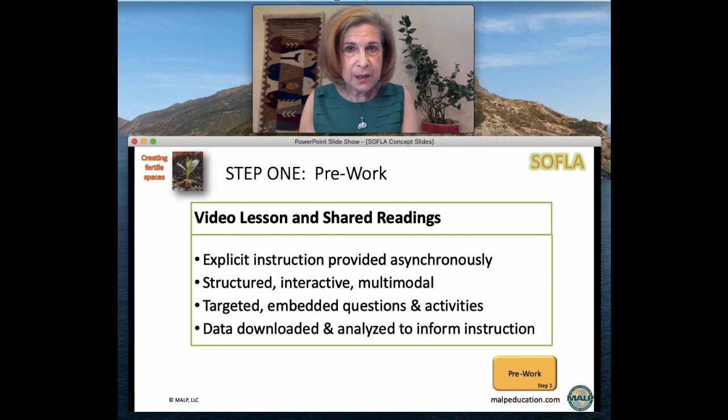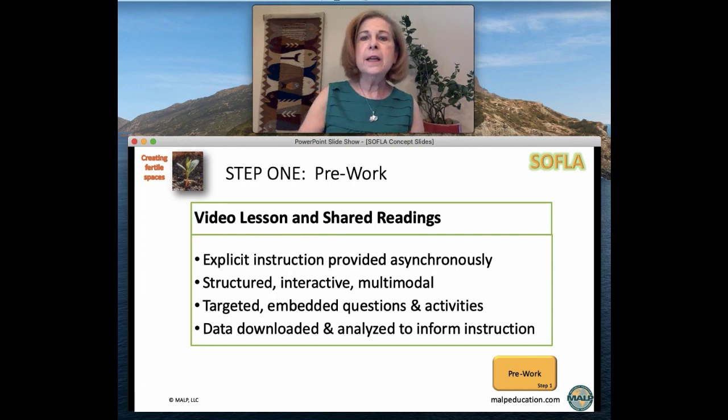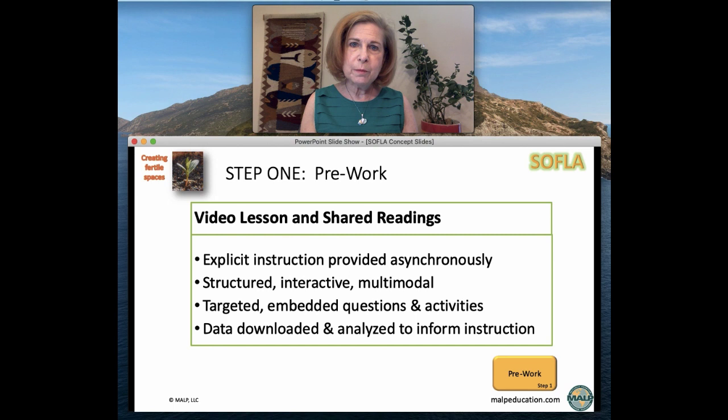I use PlayPosit, or in the shared textbooks with Perusall, I ask questions and they need to respond. So that's an important piece. The other reason it's important, besides interaction for retrieval practice and learning by your students, is what you obtain from this, which is data. And the data is very important because it informs your future instruction.